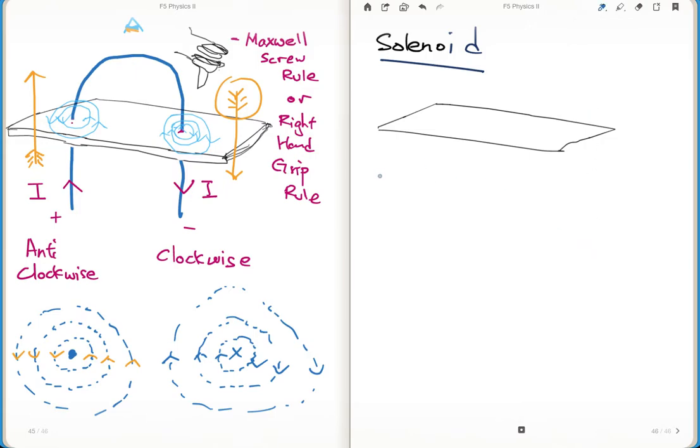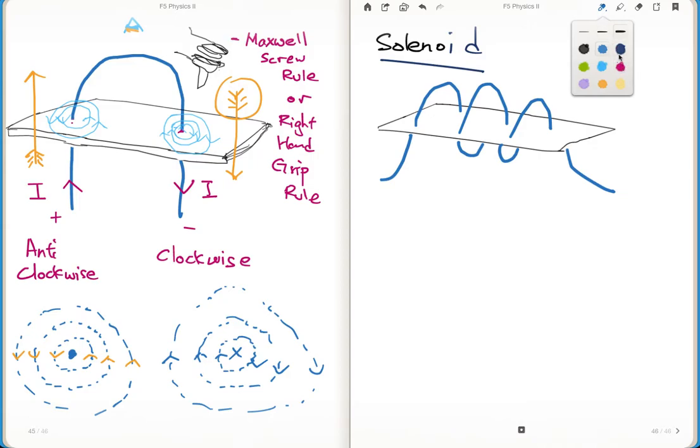You have a wire that goes in from below, comes up, goes into it, then curls around, and then comes out. So you can have quite a few turns of it.